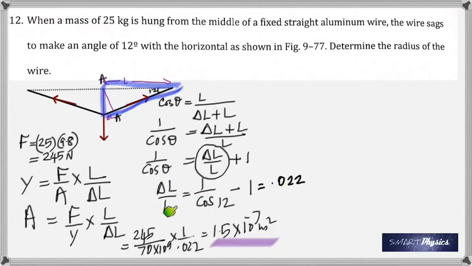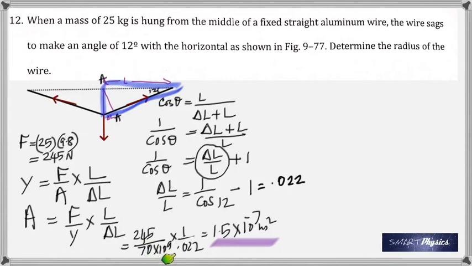And once I get this ratio, that's the strain, I can put it back into the Young's modulus formula and make the area of cross-section the subject. Just take that there and bring the Young's modulus down and substitute the numbers given. And actually in this problem, the Young's modulus of aluminum will be given to you, which is 70 times 10 to the 9.